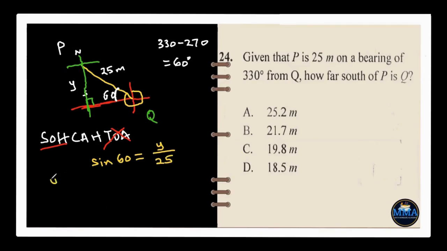So when you cross multiply, y is 25 times sine 60. If we continue to solve, if you multiply sine 60 by 25, you are going to get 21.65 and some other numbers, of course.